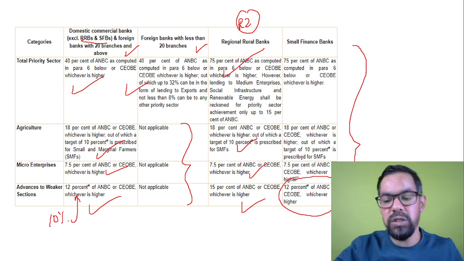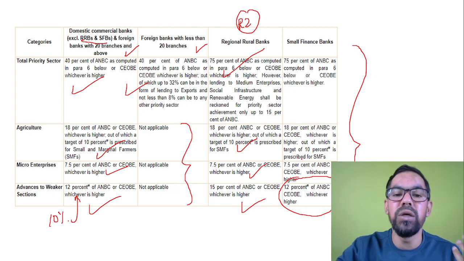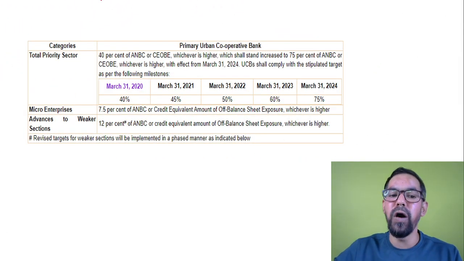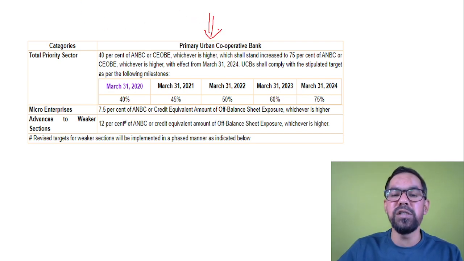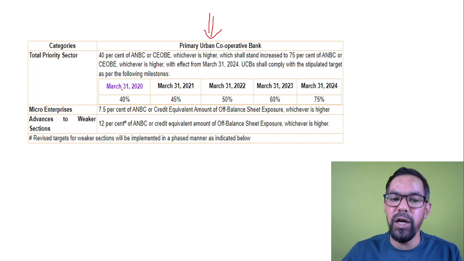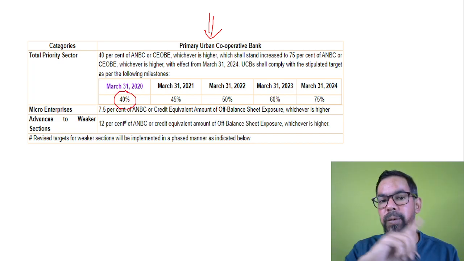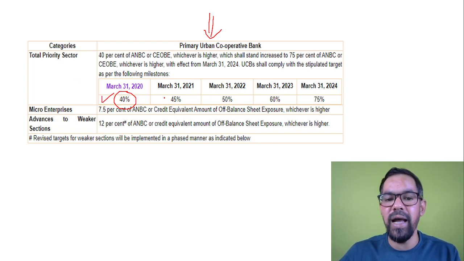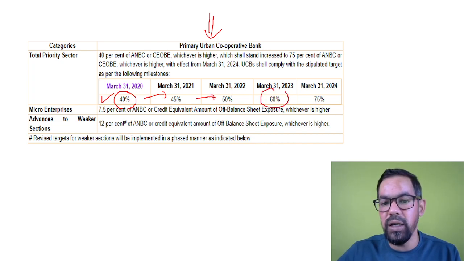Time to time RBI generally changes these particular guidelines, so do remember. This is related to urban cooperative banks, primary urban cooperative banks. Earlier it was 40%, as I told you in that slide, then RBI increased it to 45%, then by 2022 it is 50%, and till 31st March 2023 it is 60%.